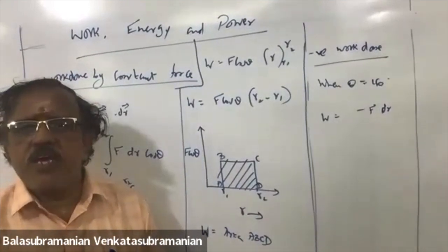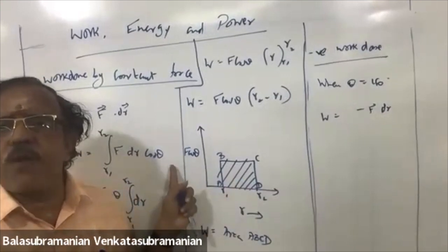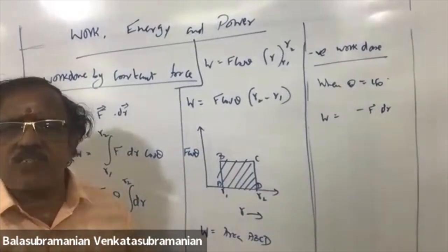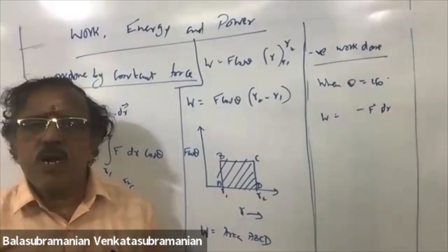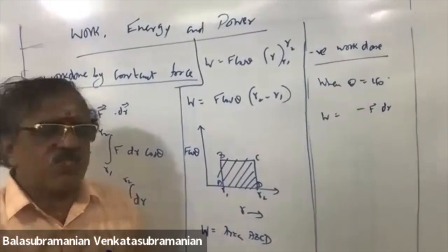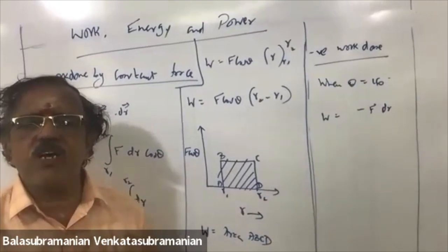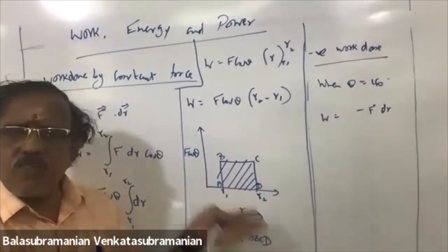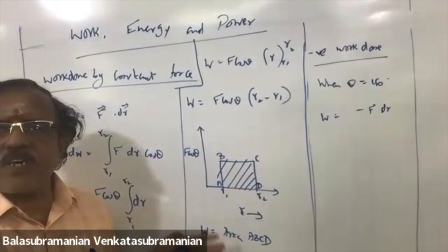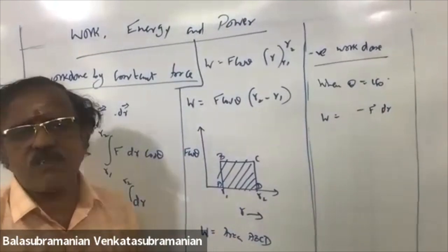For any graph you take, the area will be the product of the x-axis and y-axis values, which means F cos theta into R. So F cos theta times R we call the area of the graph, and that is called work done.